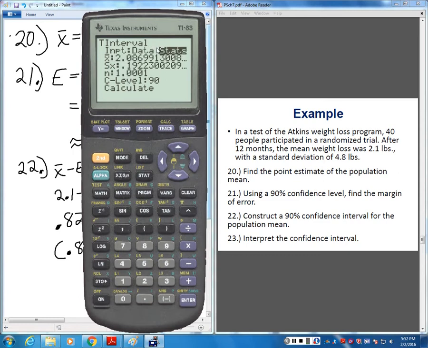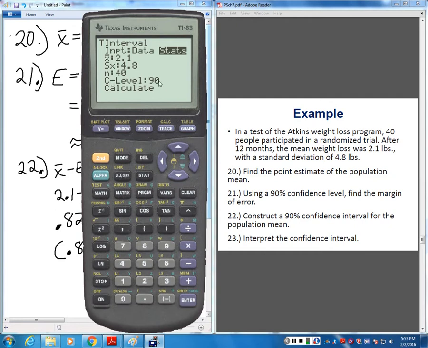Since I don't have the actual numbers and just have summary statistics, I go over to stats and press enter. And then I can fill some things in. X bar comes from the problem. That was 2.1. SX is the sample standard deviation, which was 4.8. N is the sample size, 40 people.